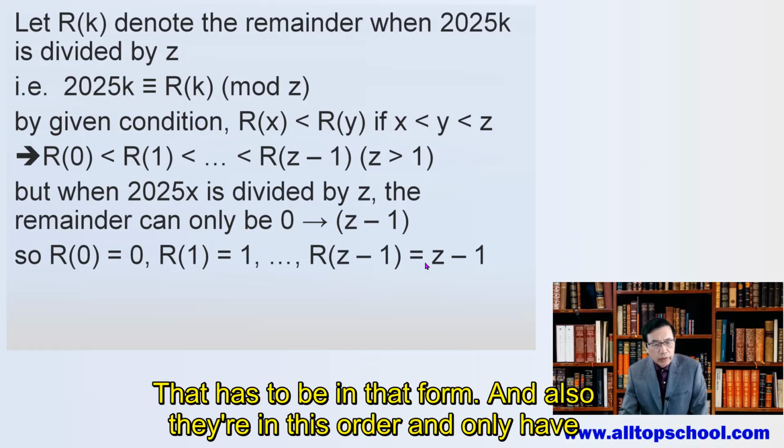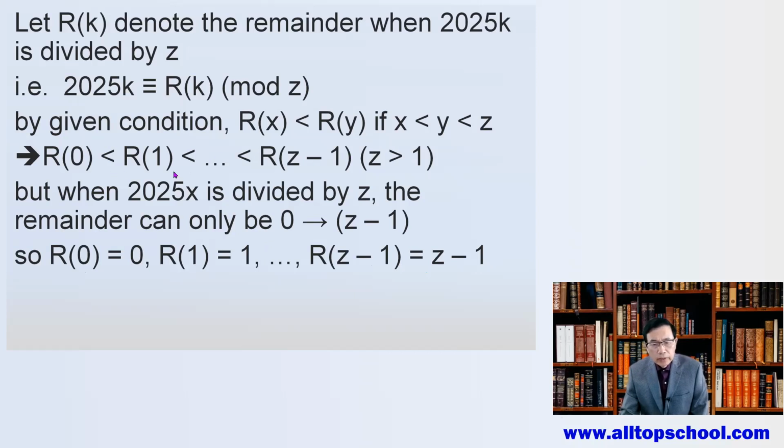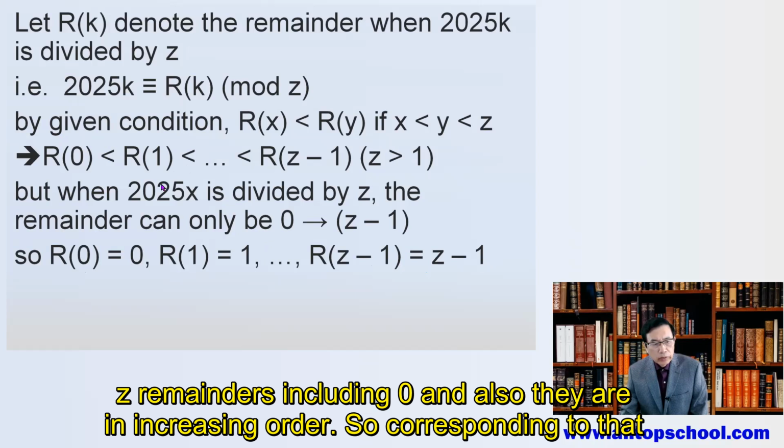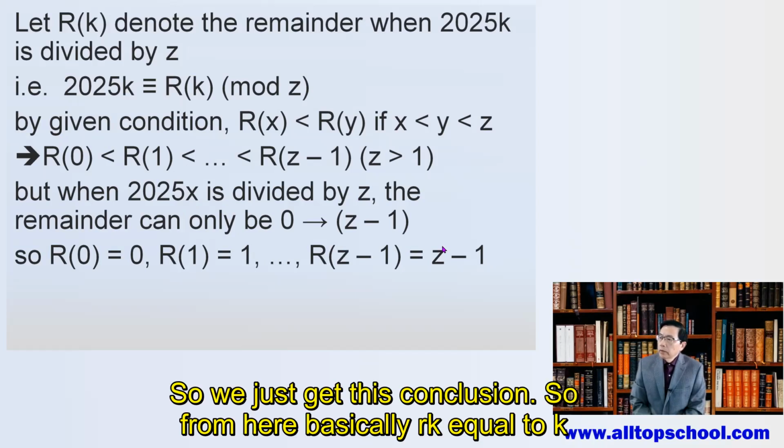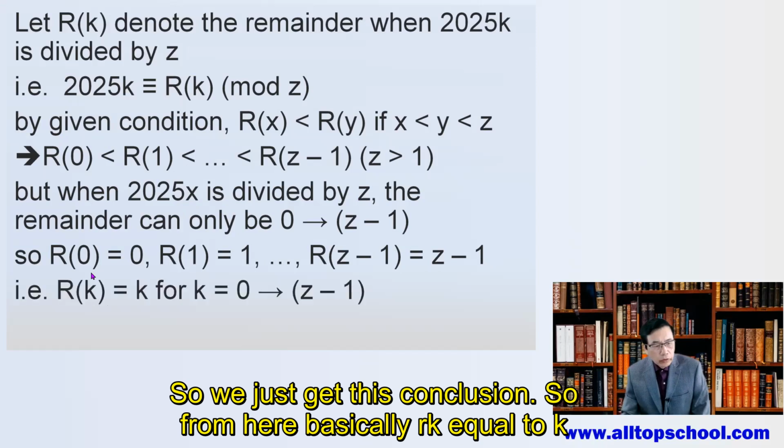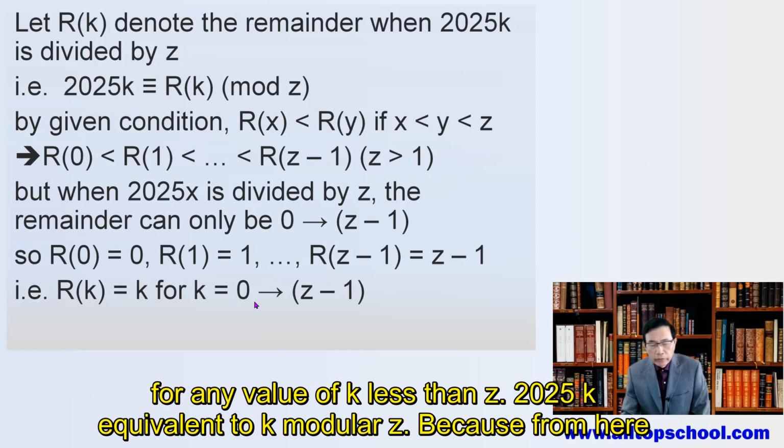That has to be in that form. They are in increasing order, and I only have z remainders, including 0. So corresponding to that, r_0 must be 0, r_1 must be 1, all the way to r_(z-1) equal to z minus 1. So we get this conclusion: basically r_k equals k for any value of k less than z.